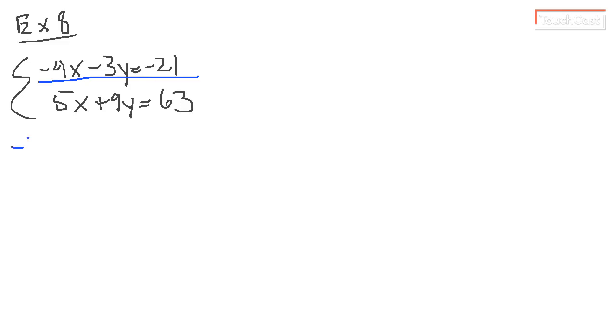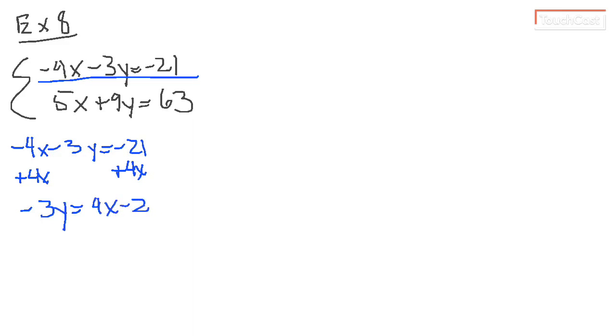So I'm going to go negative 4x minus 3y equals negative 21. So I'm going to add 4x to both sides. I have negative 3y equals 4x minus 21. And I'm going to divide everything by negative 3.